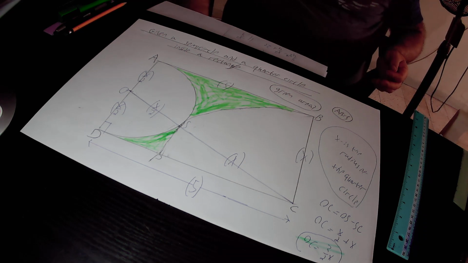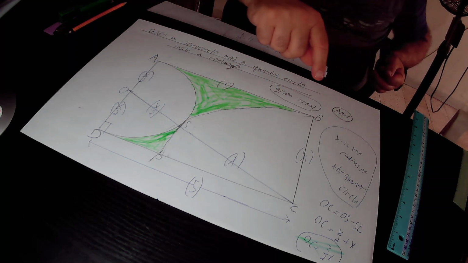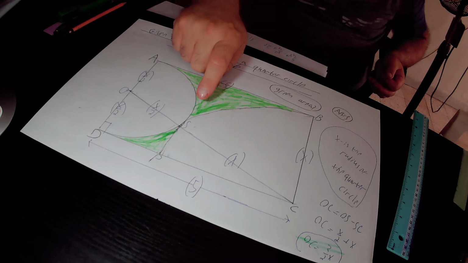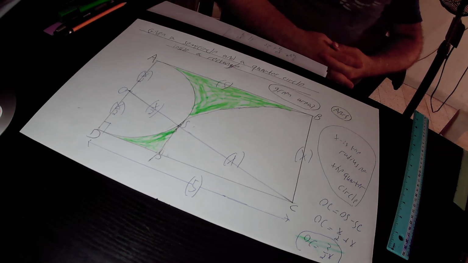Right? Because in our drawing, we have an external touch between this semicircle and this quarter circle. That is to say, they touch each other externally at this point S. And whenever two circles touch externally, we can implement rule 10.